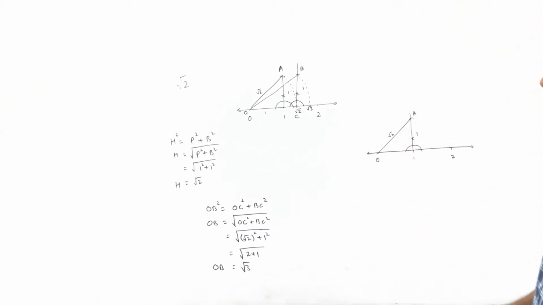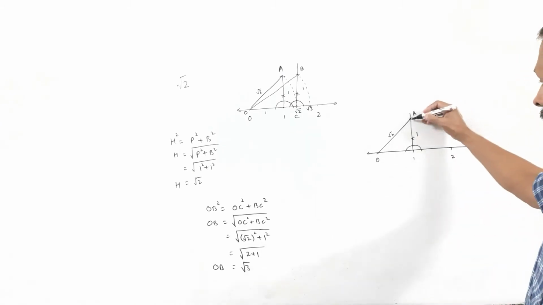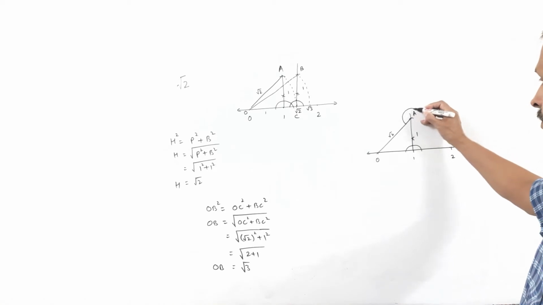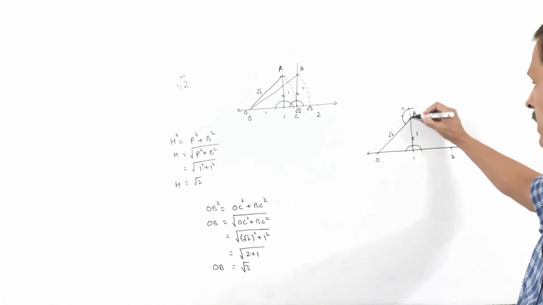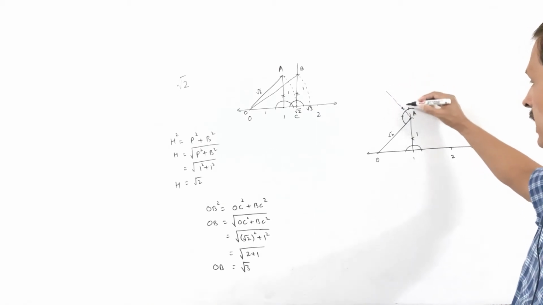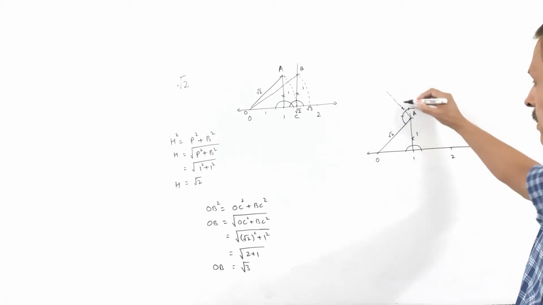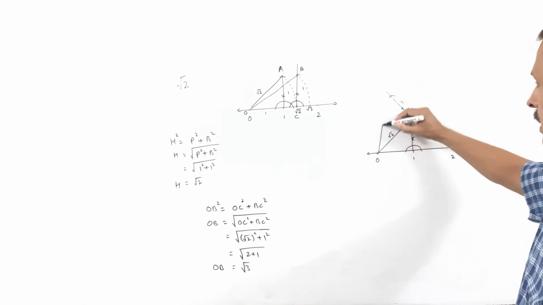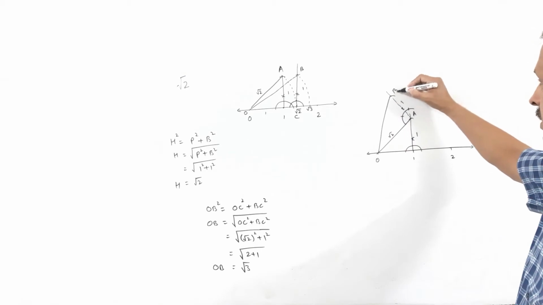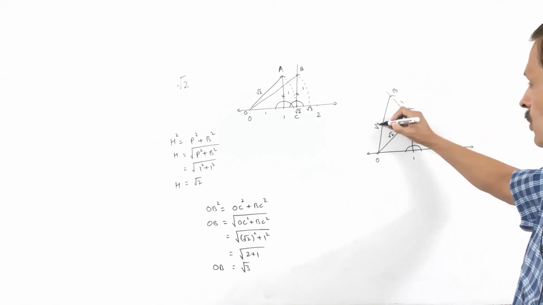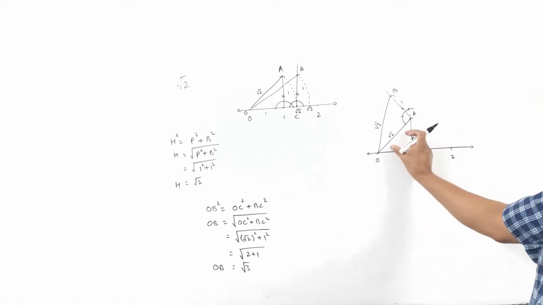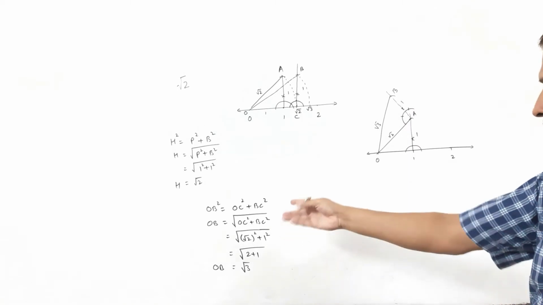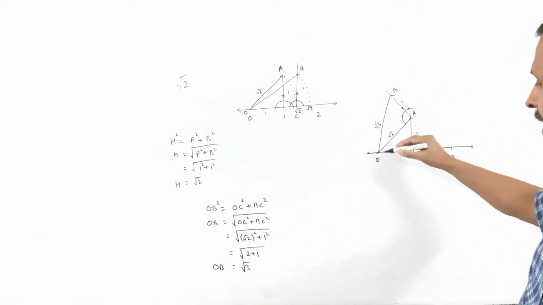Now in order to draw root 3, we draw perpendicular to this OA at point A, drawing 90-degree angle over here and cutting an arc of 1 unit length on this perpendicular, joining it, let this be B. This is of root 3 length, because base square plus perpendicular square, so root 2 square plus 1 square as shown in this calculation over here. So this OB length is of root 3.